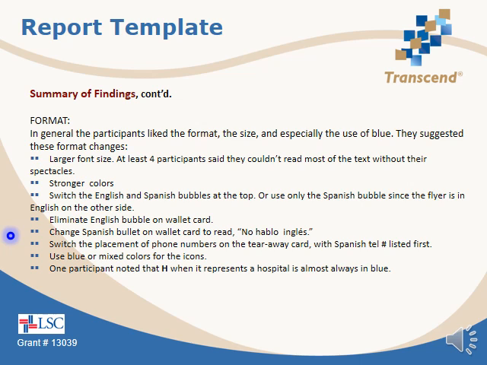They had some very nice ideas about how to move things around. One of the participants said that generally in his experience, when you see the H to represent a hospital, it's almost always in blue. So it was hard to make that connection because we hadn't presented it in blue.